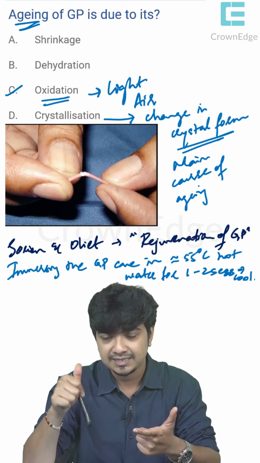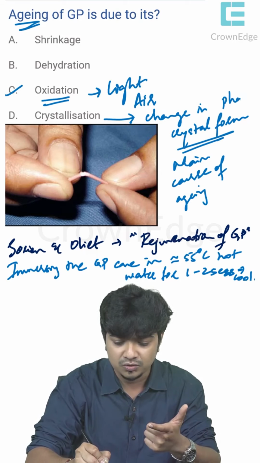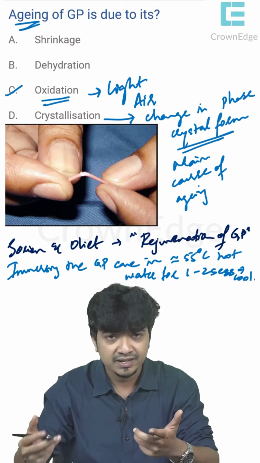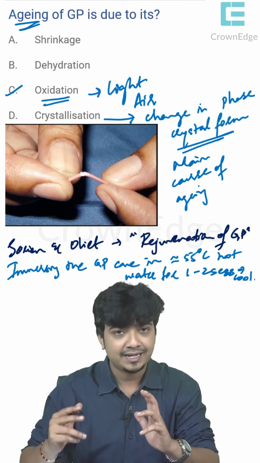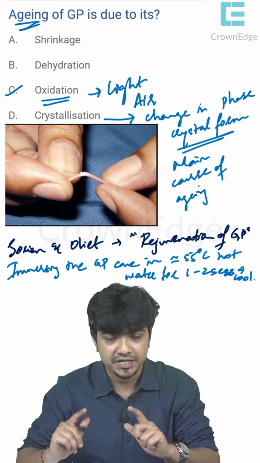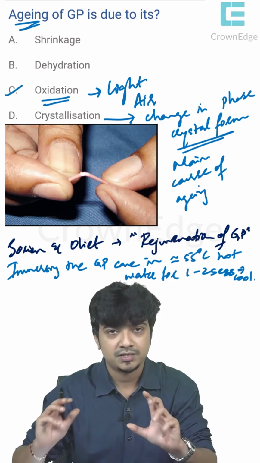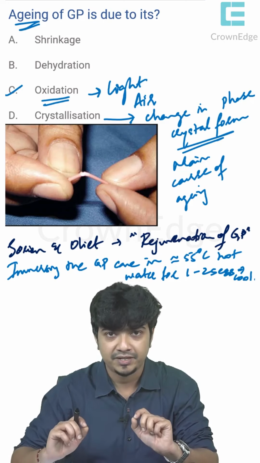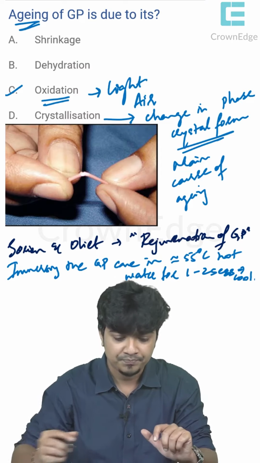However, recent studies have also shown it to be due to the change in the crystal form, or the crystalline phase, of the gutta percha from alpha to beta, which can be the main cause of aging. And rejuvenation of gutta percha involves immersing it in 55 degrees Celsius water and then rapidly cooling it down.